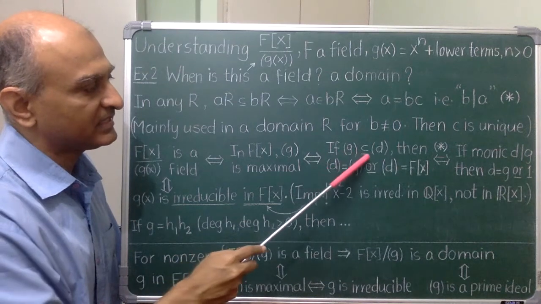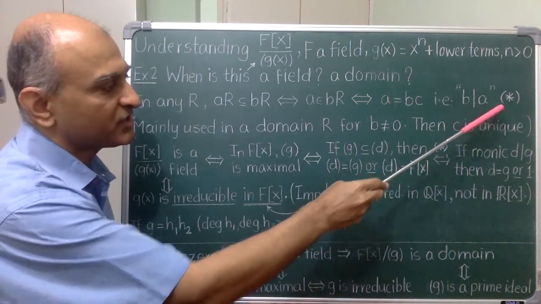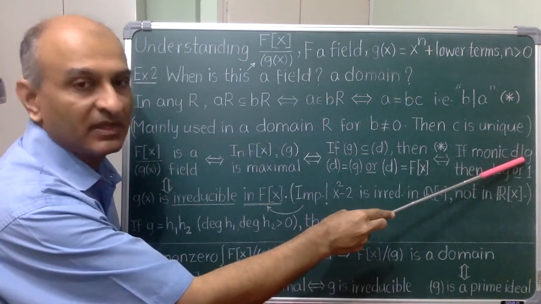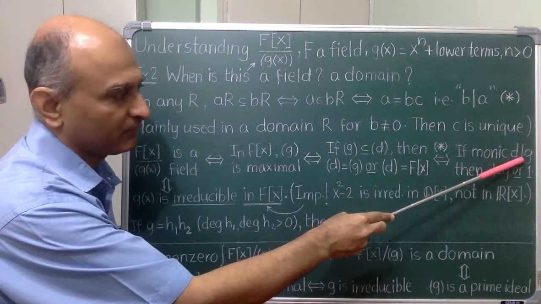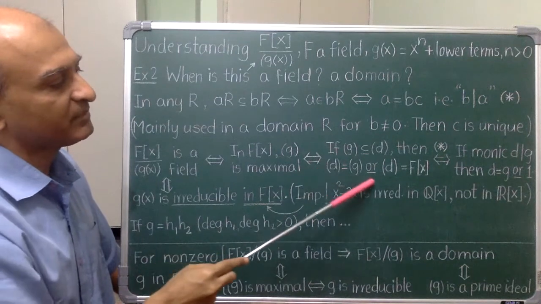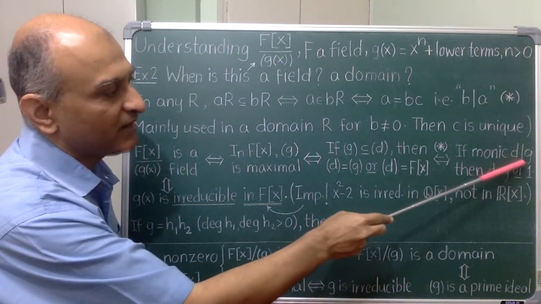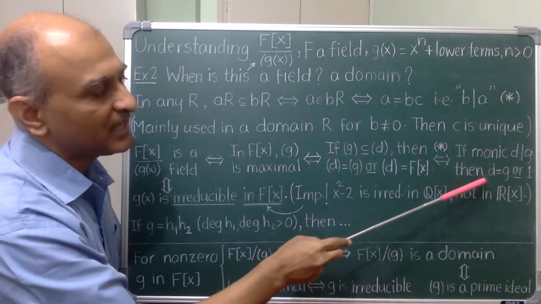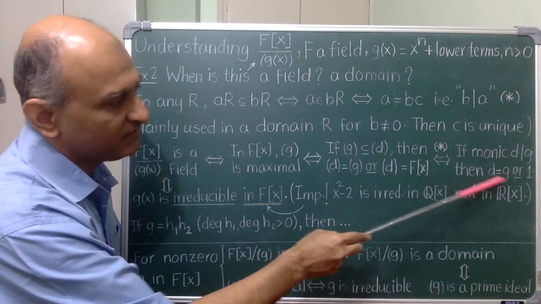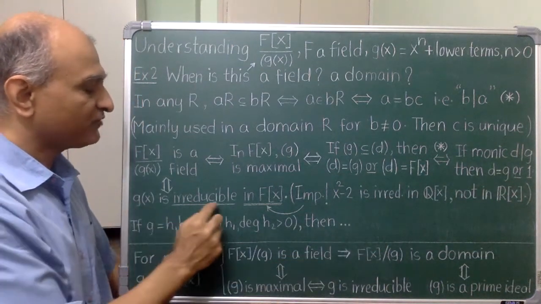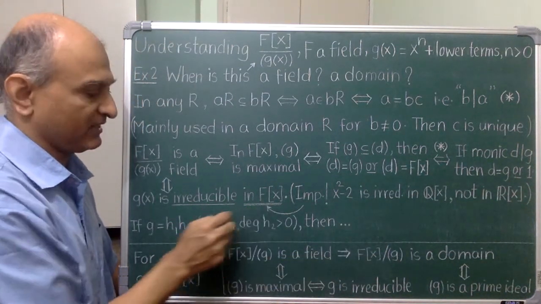Now, this containment, by our observation, is just saying that d is a factor of g, and I can take d to be monic. Then this statement just becomes: if a monic polynomial d divides g, then d has to be either equal to g itself or 1. But that's just the definition of g being irreducible in F[x].